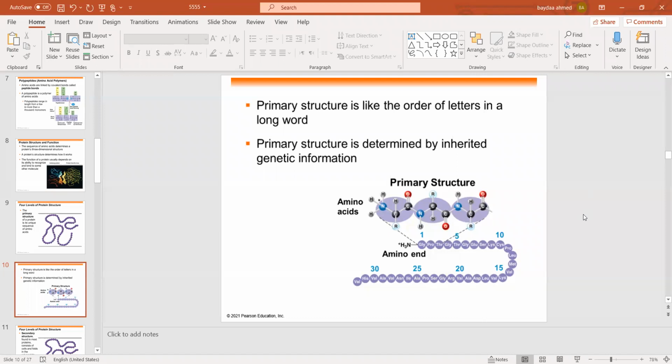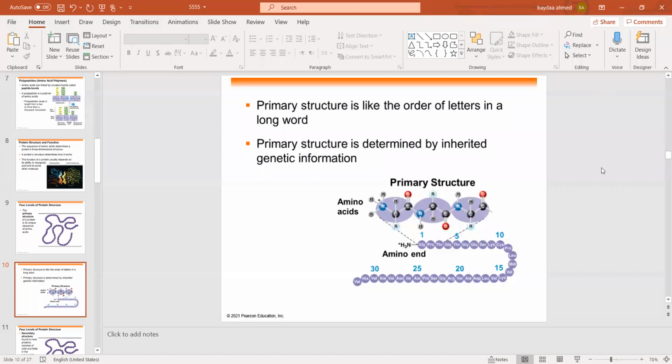The amino acids are indicated here by their three-letter abbreviations. You see here glycine, proline, threonine, glycine, threonine, lysine, leucine, and valine, glycine. Those are the three-letter abbreviations for amino acids.